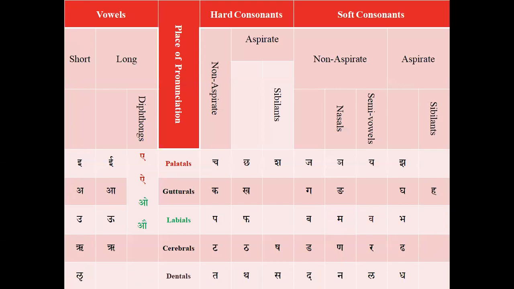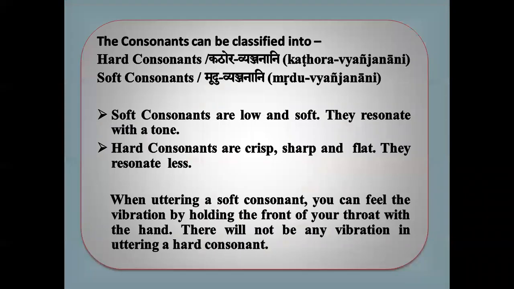And under aspirate, in soft consonant, all the fourth letters as well as the last sibilant, ha, come under it. So the whole thing you can see summarized like this. You can see the slide now.